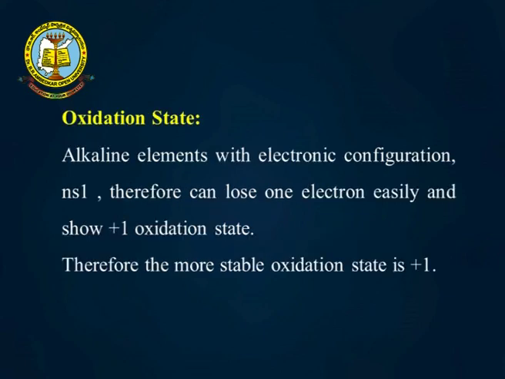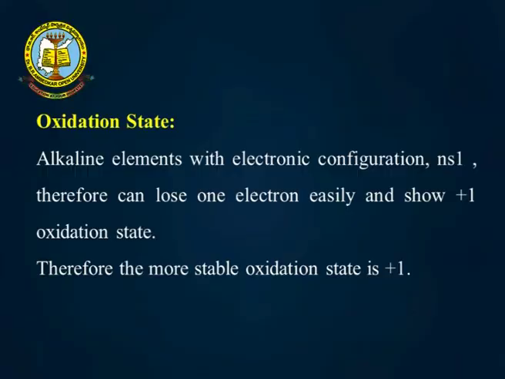Next, you can see the oxidation states. Generally, the general electronic configuration of group 1 elements is ns1, meaning the outermost s orbital has 1 electron. So it can easily donate the outermost shell electron.